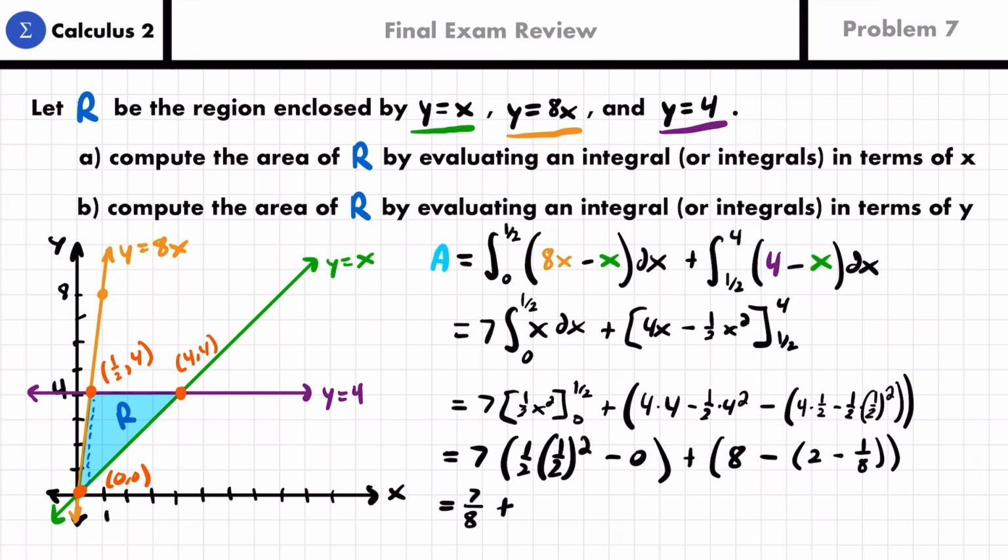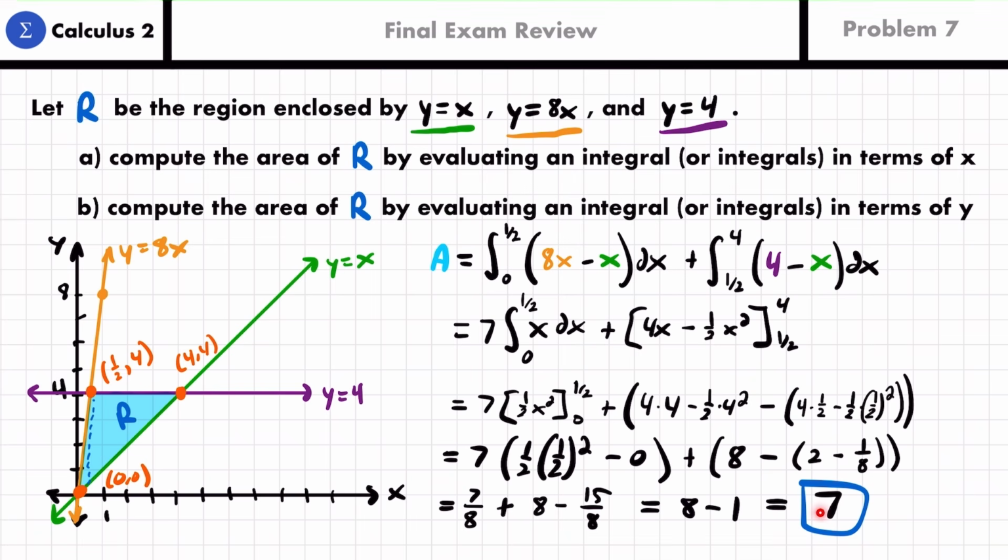So subtracting 1/8, you get 8 minus 15/8. And so then adding the fractions will give you negative 8/8, which is negative 1. So you get 8 minus 1, which is equal to 7. So 7, and that is a measurement of area, so remember that the units would be squared, but 7 is the area of this region.